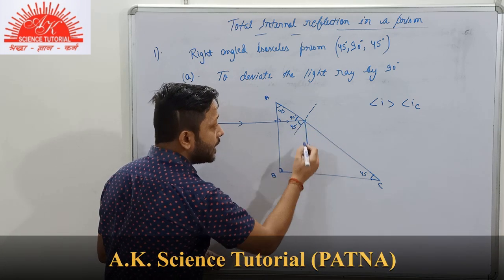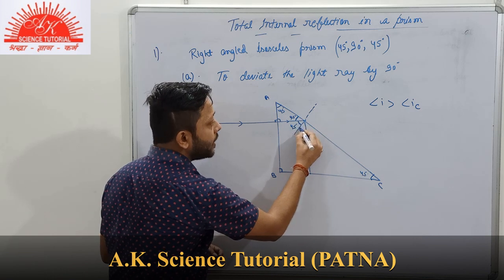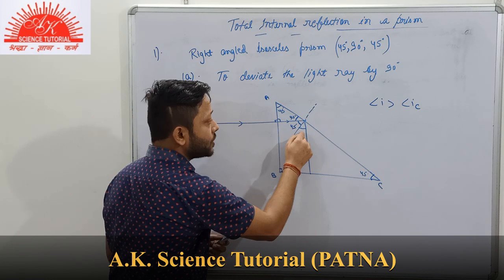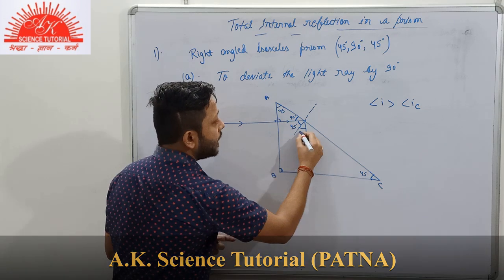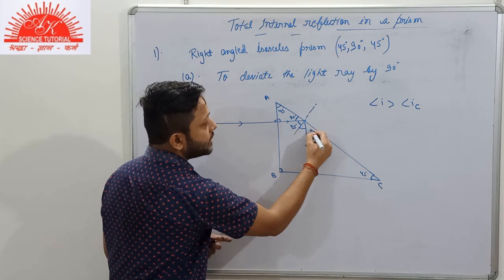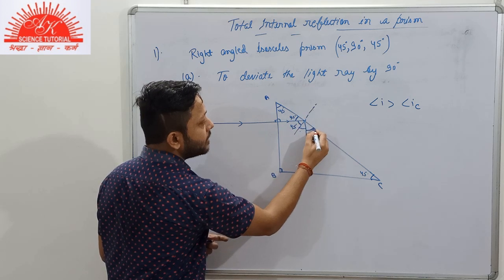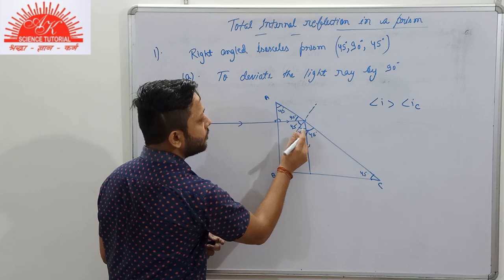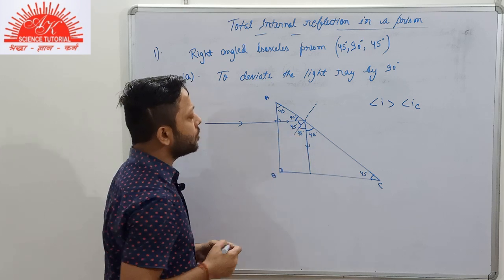Now what will happen? As you can see, if this is 45, following the law of reflection, this angle of reflection will also be 45. And if this is 45 and this is the normal, then this angle will also be 45. It's very simple. You can do it on your own.